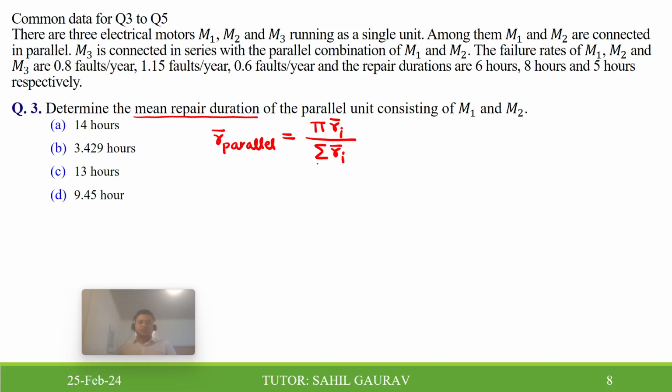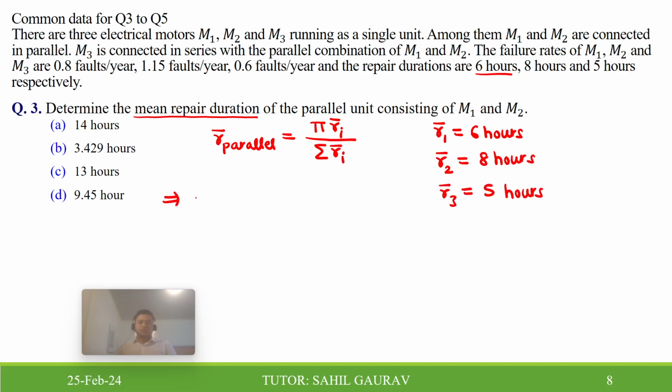So M1 and M2 are connected in parallel. So let us represent R1 bar as given, 6 hours, and R2 bar is given as 8 hours, and R3 bar is given as 5 hours.